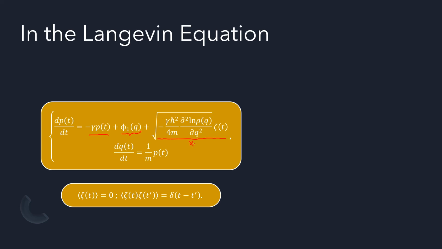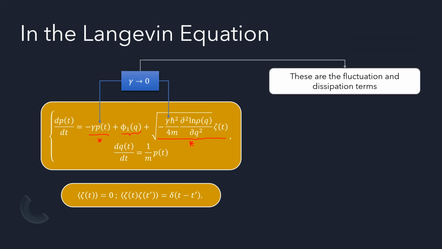This one related to fluctuations and this one related to dissipation. And we note that in both terms we have the appearance of the parameter gamma. So of course it is easy to see that if we make gamma go to 0, we may get rid of the fluctuation and dissipation terms.